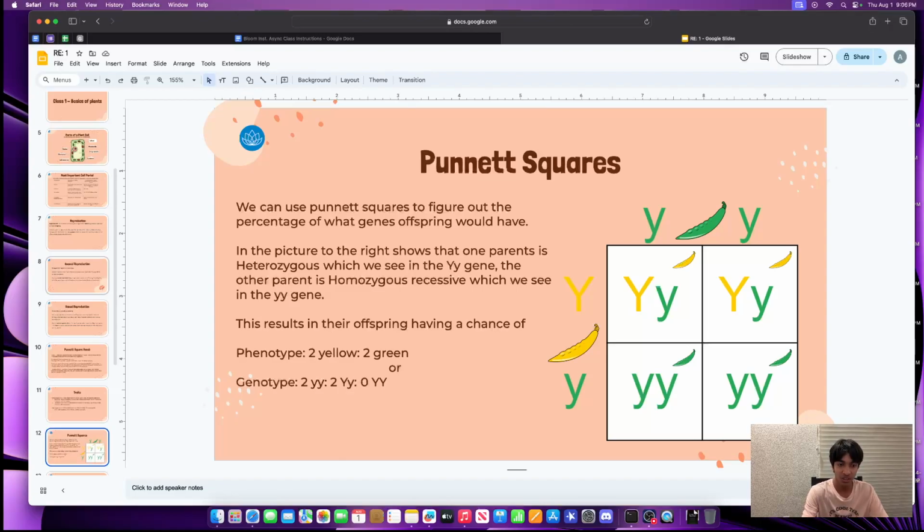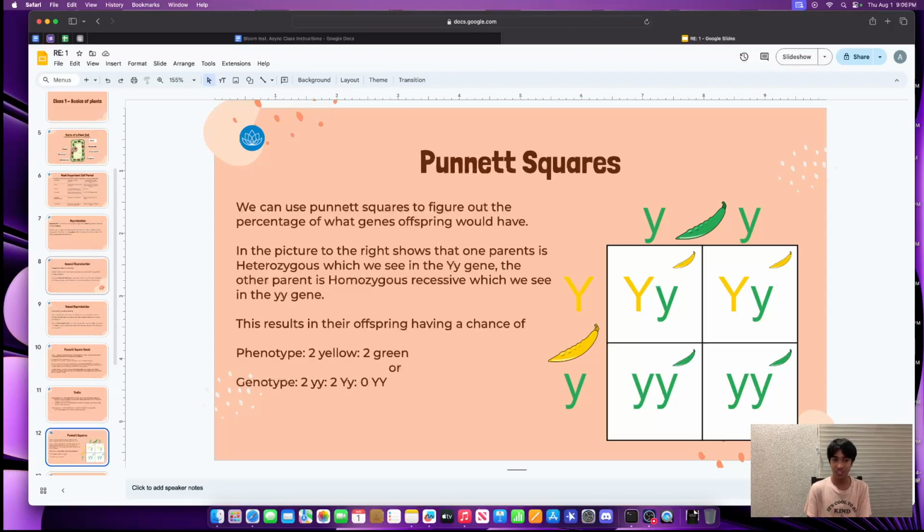And then the genotype would be 2 lowercase y, lowercase y, which are the 2 green ones, right? Because they're the recessive one, thus they need 2 of them to actually be green. Or 2 uppercase Y, lowercase y, which is the 2 yellow, and 0 of both uppercase Y, because the other parent does not have a yellow one, only one of the parents has a yellow.